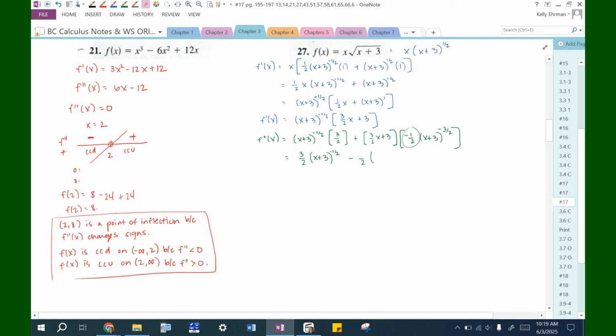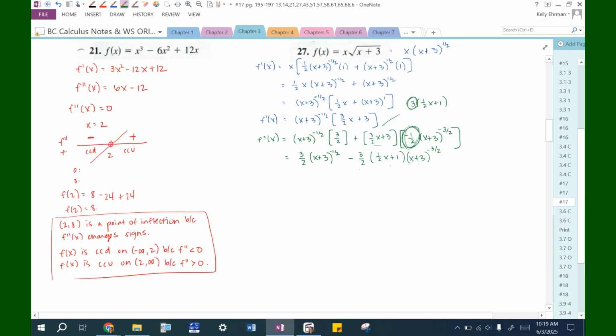Let's factor a 3 out of this set of parentheses. So this is like 3 times 1/2 x plus 1. So now I can factor out a negative 3 over 2. And then I still have 1/2 x plus 1. And then here I have x plus 3 to the negative 3/2. So all I did was multiply this times this and pull it out front.